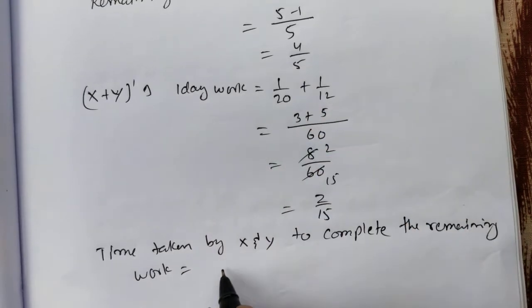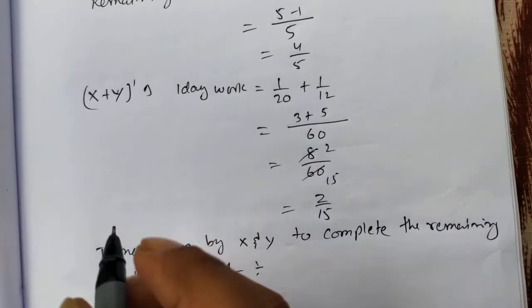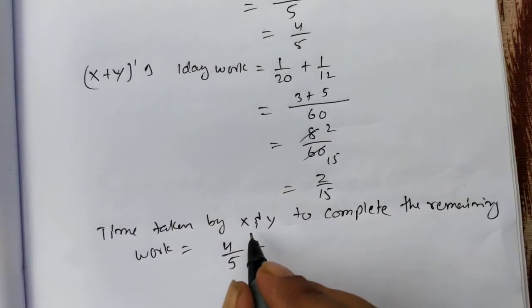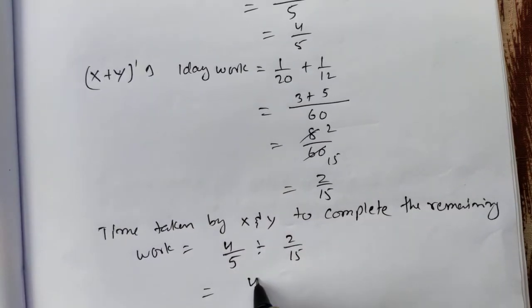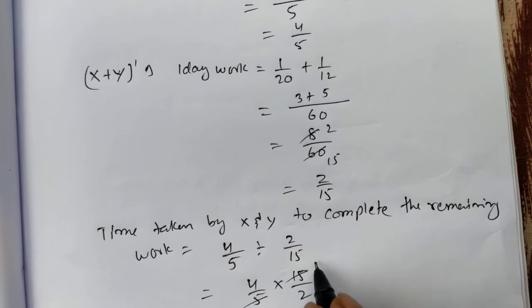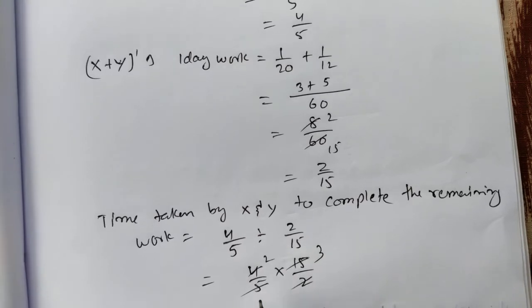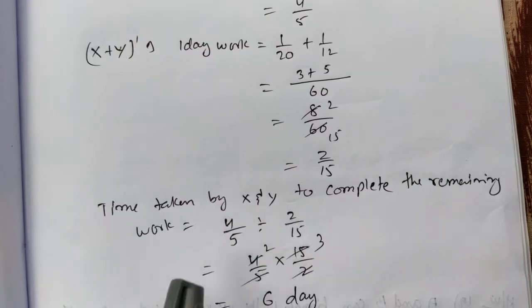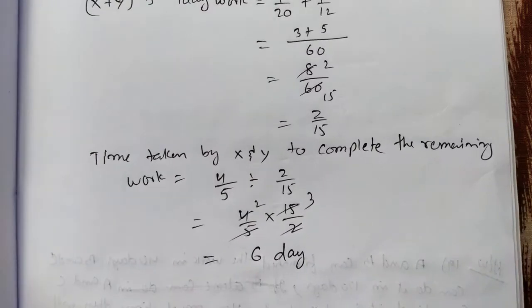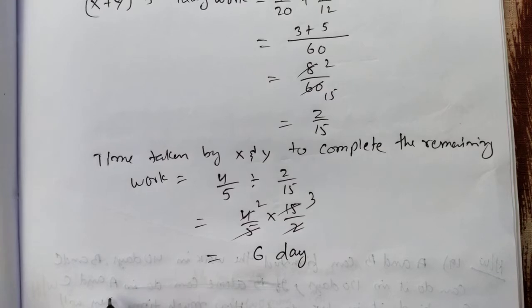So remaining work is 4/5. You have to divide by combined work of X and Y, since we are saying X and Y. So 4/5 into 15/2, 5 3 times, 2 times, so we are getting 6 days. So remaining work X and Y did in 6 days. So total time taken will be how long the work lasts.